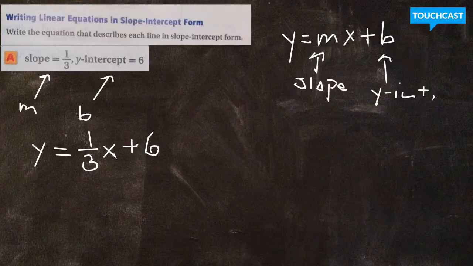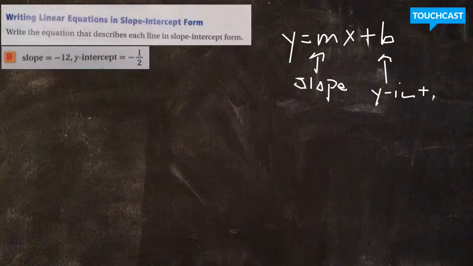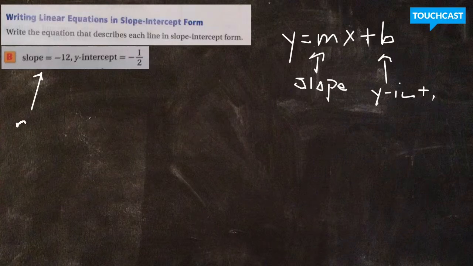We finished example 2a. Let's look at another one. So given a slope of -12 and a y-intercept of -1/2, let's write the equation. So we know our m is -12 and our b is -1/2.